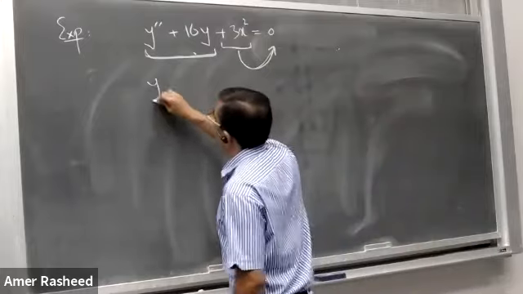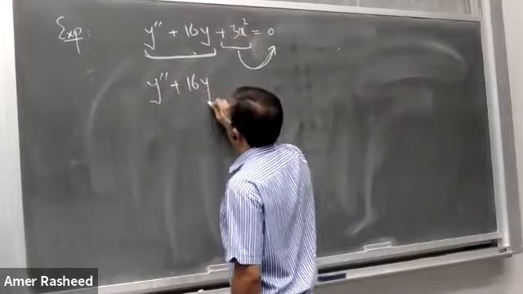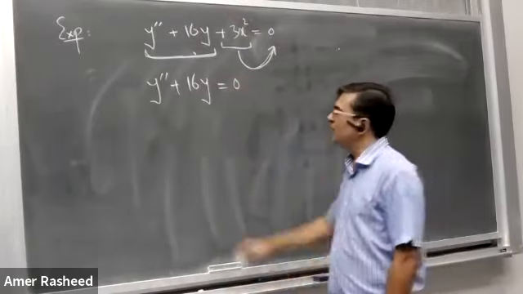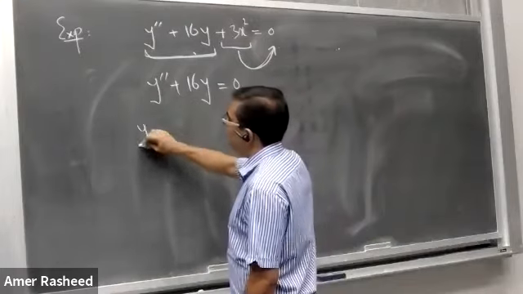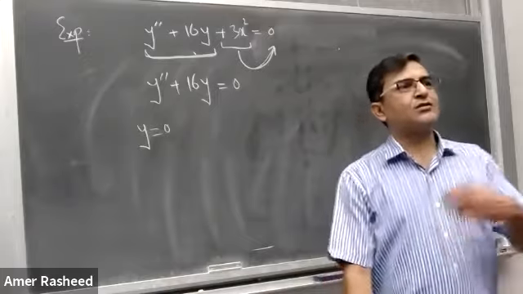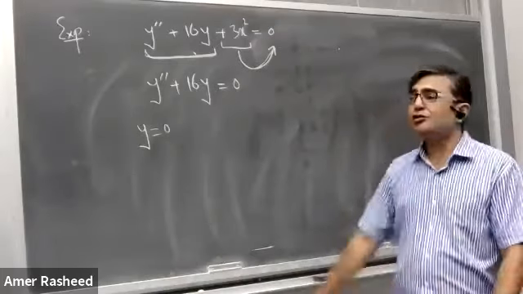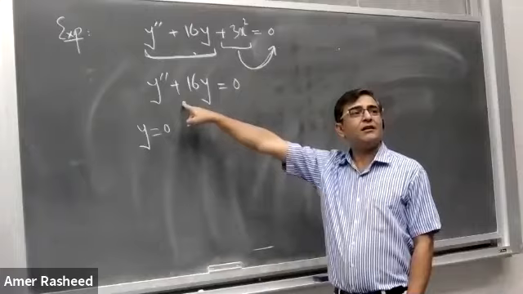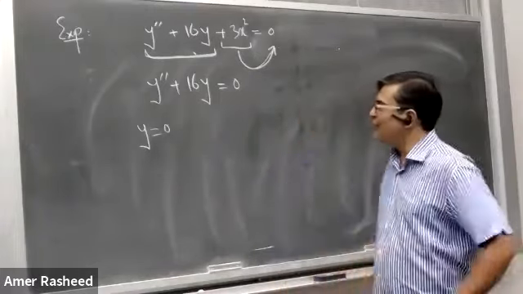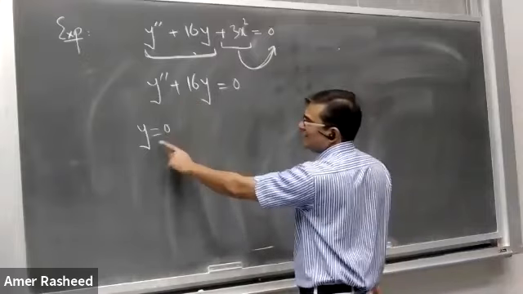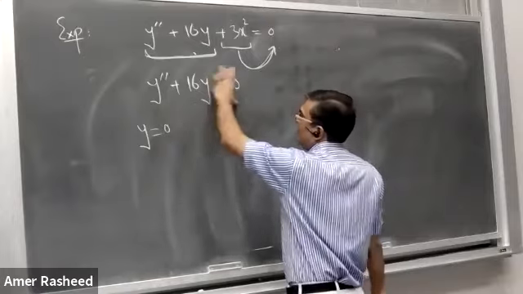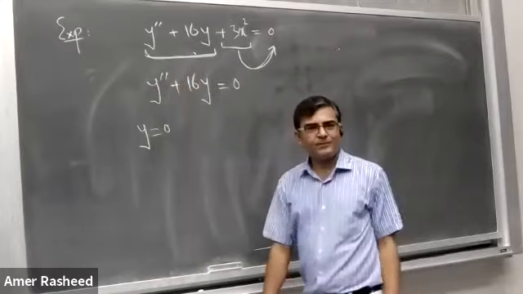For homogeneous differential equations, we need to check whether it is homogeneous or not. Homogeneous ODEs must have the trivial solution. y is equal to 0 must be a solution of that differential equation. Then it is a homogeneous differential equation. You can see that this equation has the y is equal to 0 solution, because if we put y is equal to 0 here, the equation is satisfied.